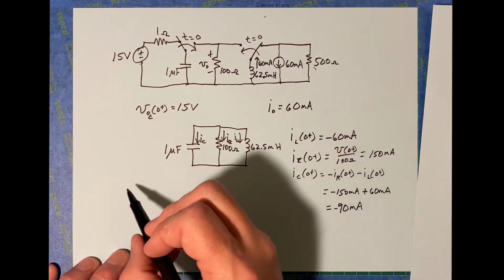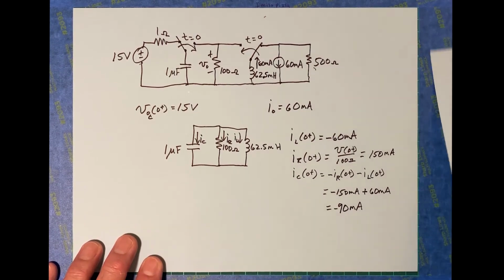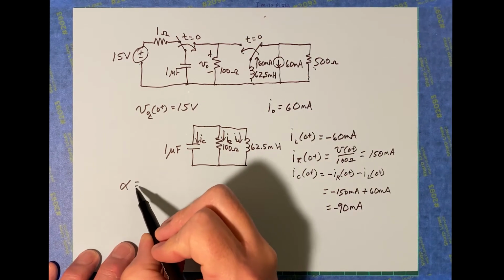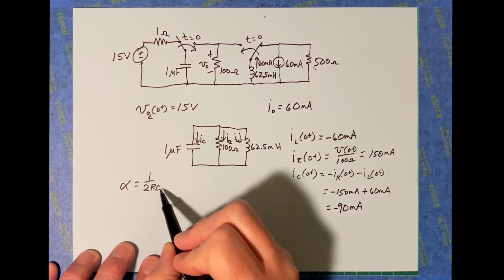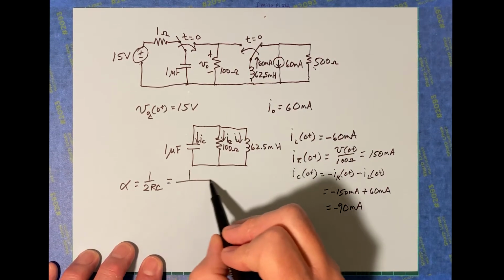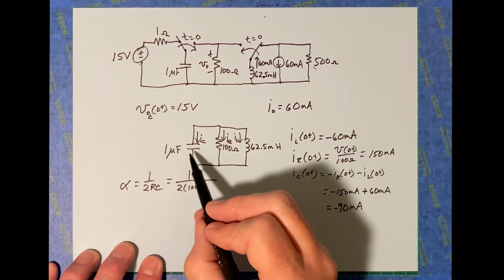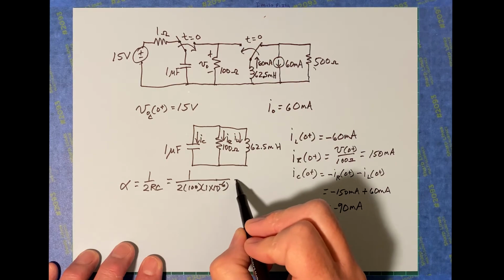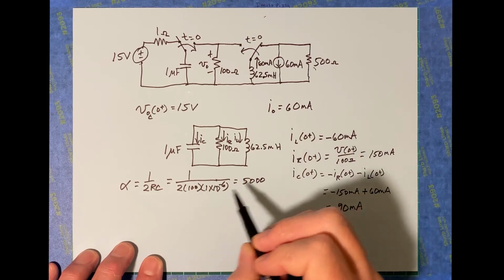How about what case this is? We haven't decided that yet, so let's go ahead and do that. Alpha, this is a parallel, so it's going to be 1 over 2RC. That's 1 over 2 times 100 times C, which is 1 times 10 to the negative 6. That's going to be 5,000.